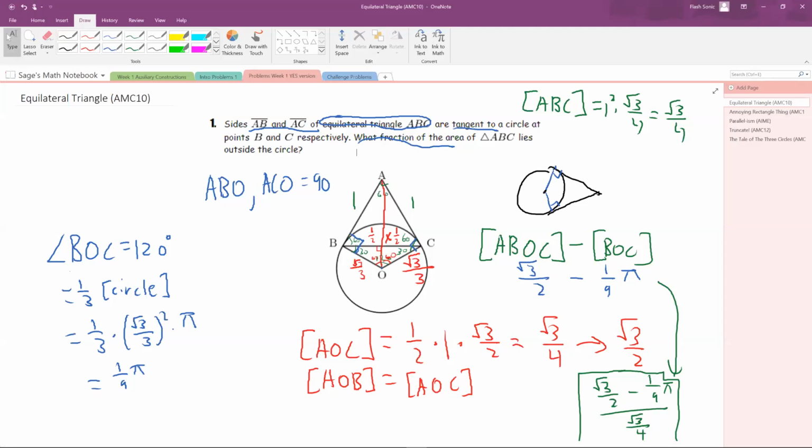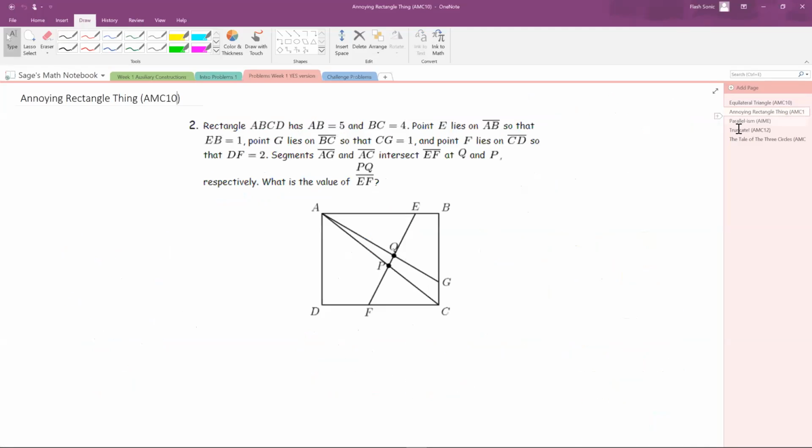All right. If not, then we're going to move on to the next one, which is about an annoying rectangle thing. And unlike my kind of bad problem, this is a problem where auxiliary constructions are actually pretty necessary.